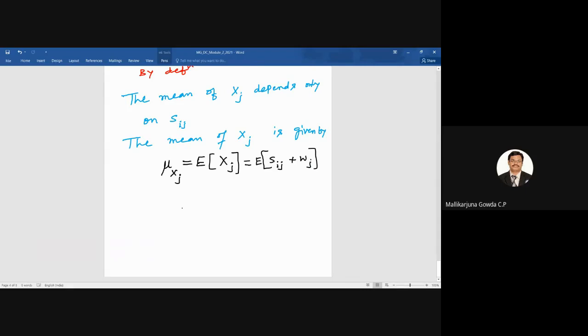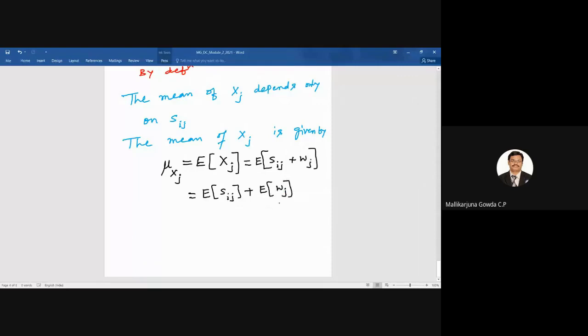I know the mean of Sij and the mean of Wj, so I can rewrite this as E of Sij plus E of Wj, and E of Wj is 0 by definition.